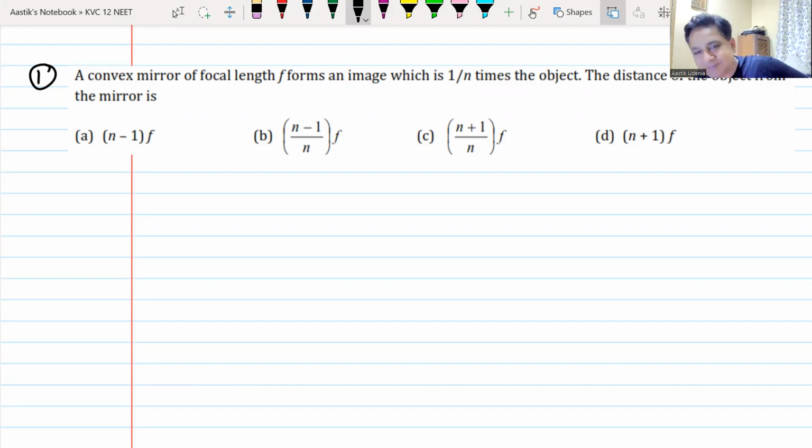Let's see if you can solve this one. This may not be the ideal, simplest question that I have given to you. But I thought that if you can do this, it would be a good thing.